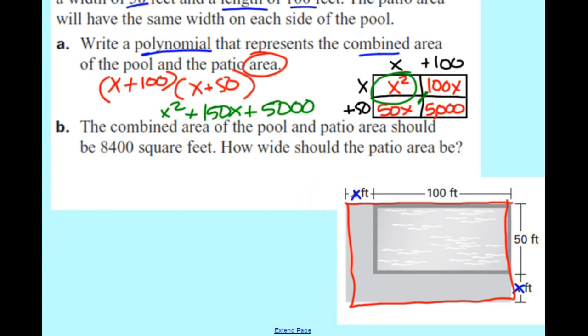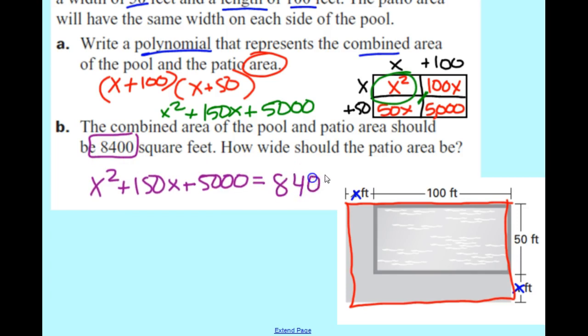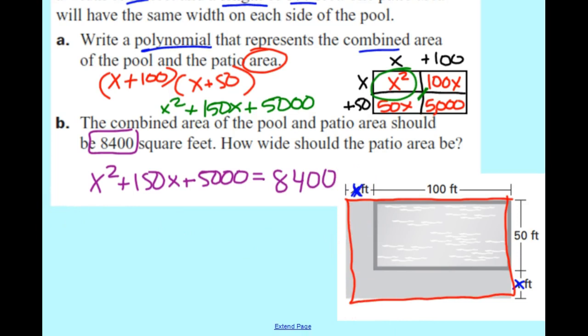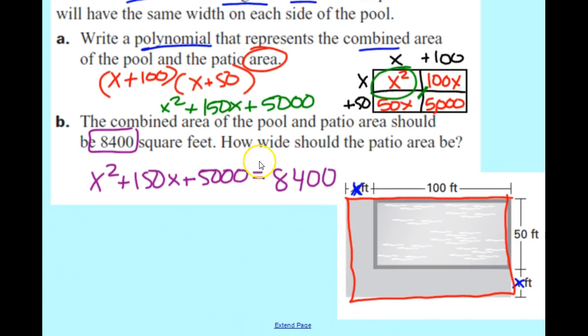So they're telling us now, the combined area should be equal to 8,400 square feet. Well, now find x. If we know x squared plus 150x plus 5,000, that whole area is 8,400 square feet. Now we need to find out what x is. Well, in order to solve this, we need it equal to 0.